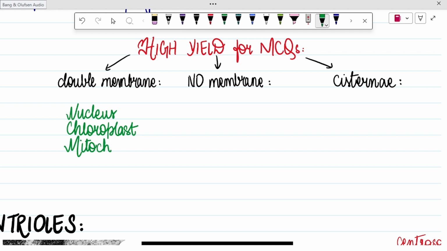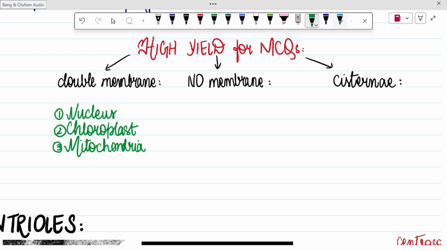And it has an intermembrane space, which we did yesterday, mitochondria. So these three structures have double membrane, where no membrane is seen in your ribosomes only. सिर्फ ribosomes ऐसे structures होते हैं जिनके पास कोई भी membrane नहीं होती, whereas your lysosomes they have a single membrane. So ribosomes are the one with no membrane.